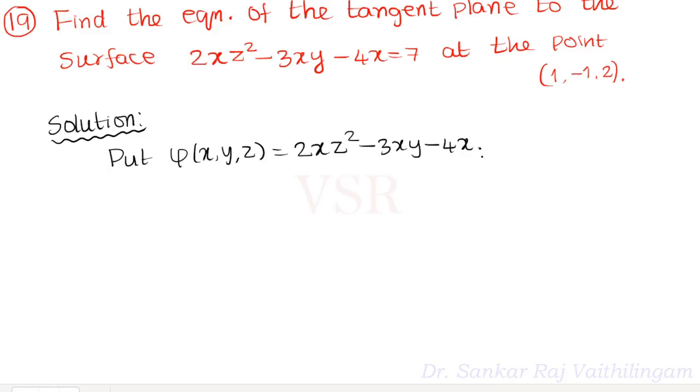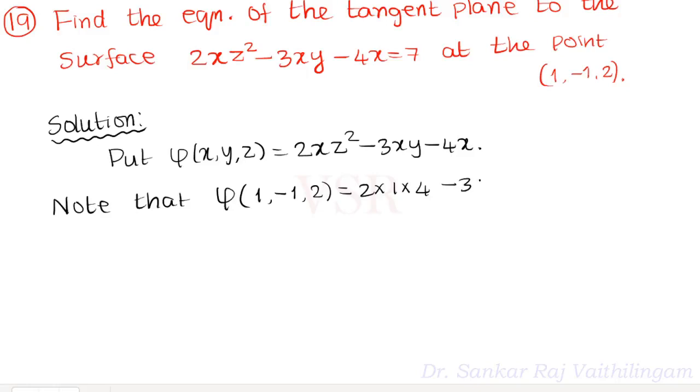Okay, so note that phi of 1, minus 1, 2, x க்கு பதிலா 1, y க்கு பதிலா minus 1, z க்கு பதிலா 2, which is equal to 2 into 1 into 2 square into 4, minus 3 into 1 into minus 1, minus 4 into 1.